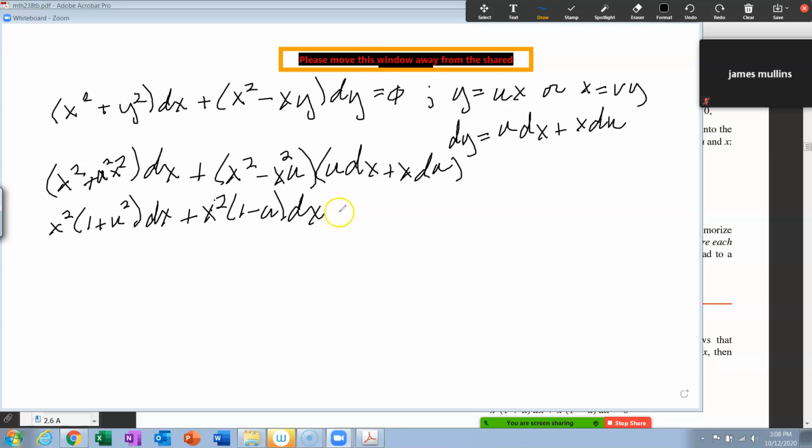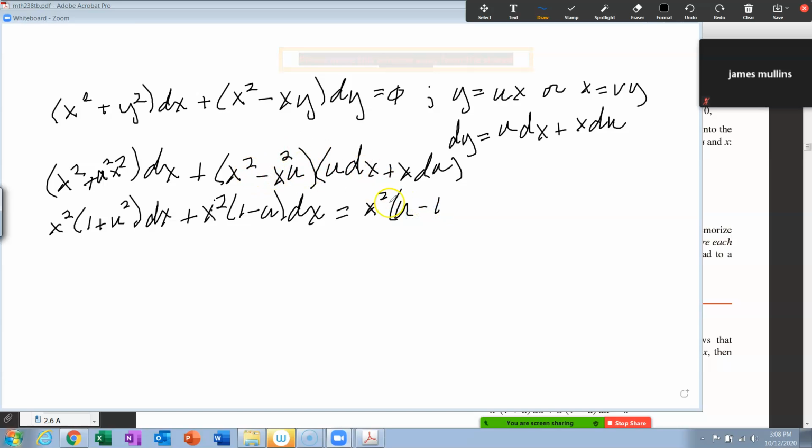And now I'm going to move this to the other side, and this will equal an x squared times, over here it's going to be u minus 1, because I'm moving it to the other side.